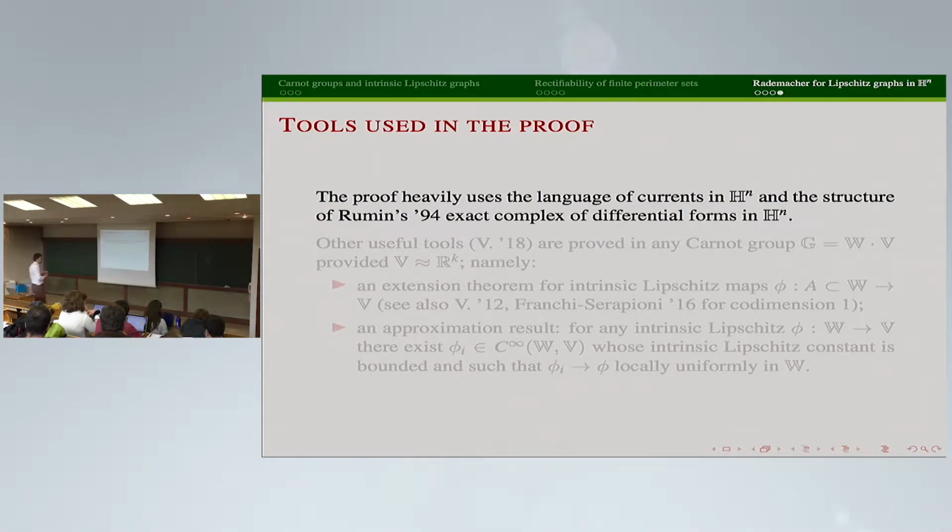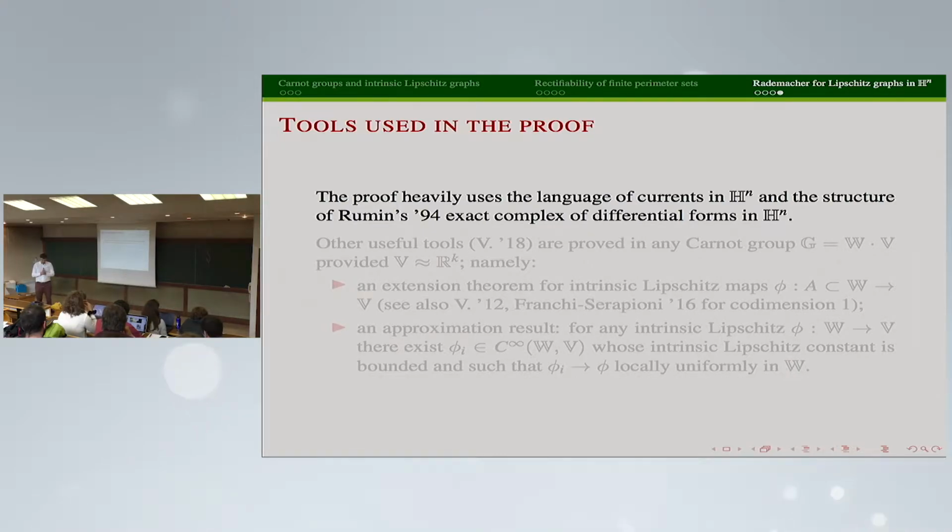So there is no way I can tell you how the proof works. Let me just mention that it heavily uses the language of currents, and in particular the complex of differential forms in the Heisenberg group introduced by Rumin in '94.